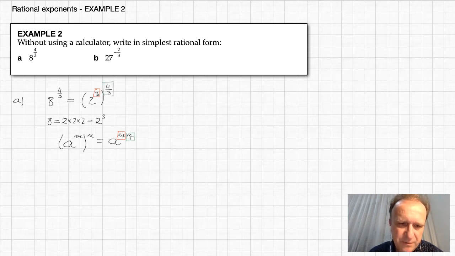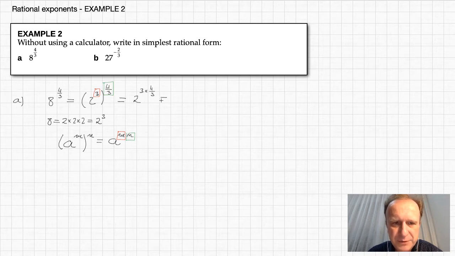This time we suppose that m and n can be any rational numbers, okay? These laws should apply. So what we do is we multiply the exponents. So it's 2 to the power of 3 times 4/3.